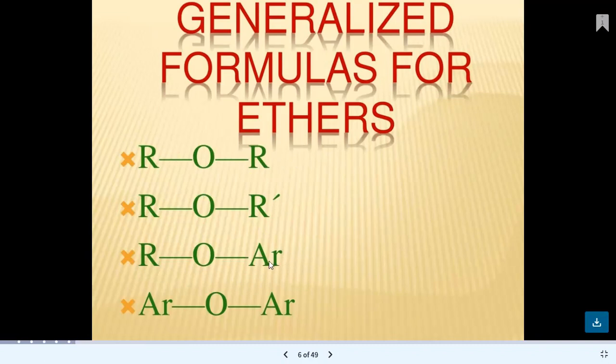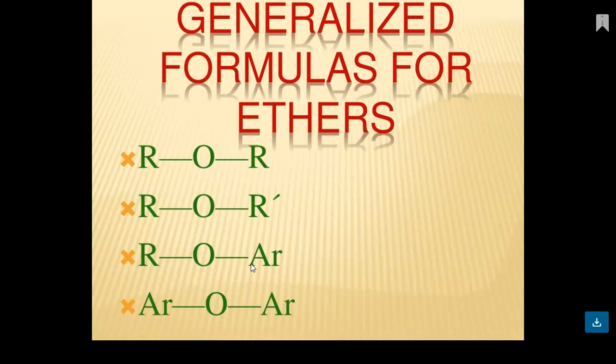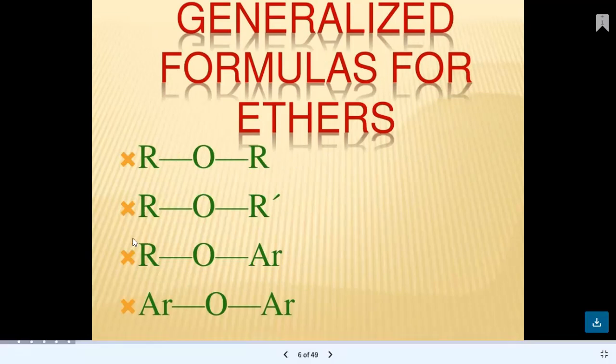I forgot to mention this to you, but this is what you use to represent the aromatic. By the way, AR is for aromatic. R is for radical. Radical is any chain, as I mentioned to you. AR, aromatic, is for benzene.